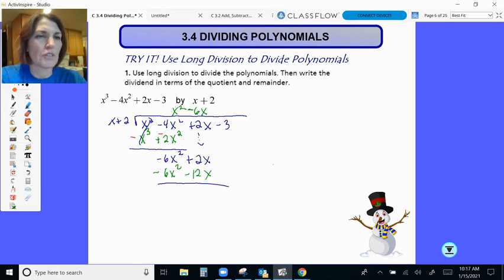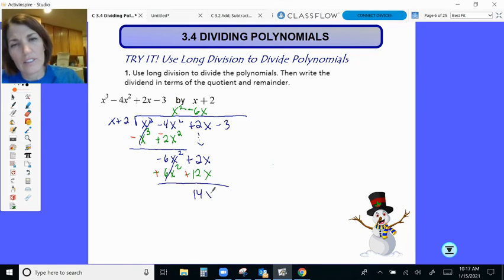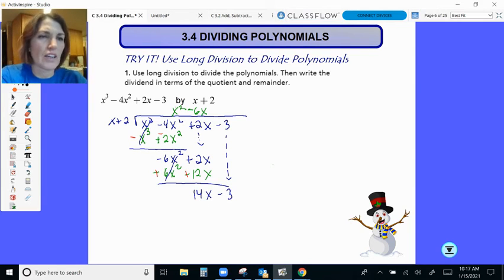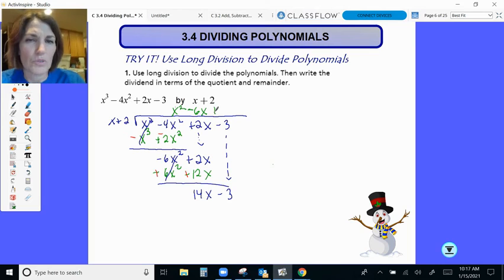I'm going to go ahead and change my signs. And that will become 0, and this will become 14x. Bring down my negative 3. And start all over again. What times x gives me 14x? That's going to be plus 14. 14 times x is 14x.